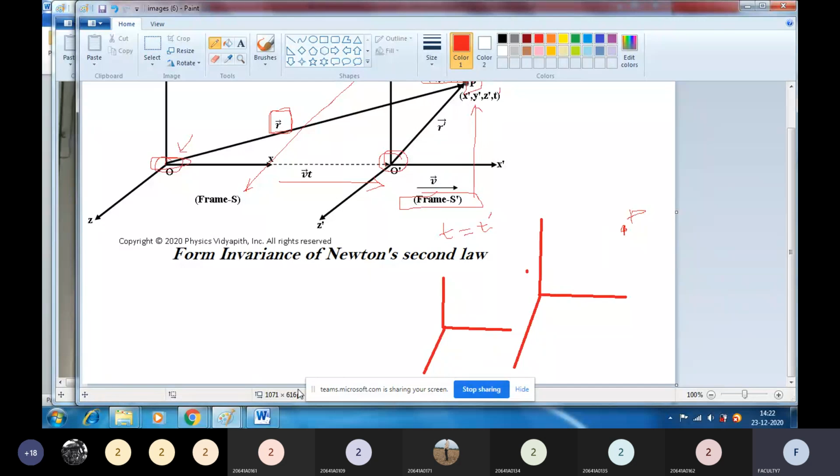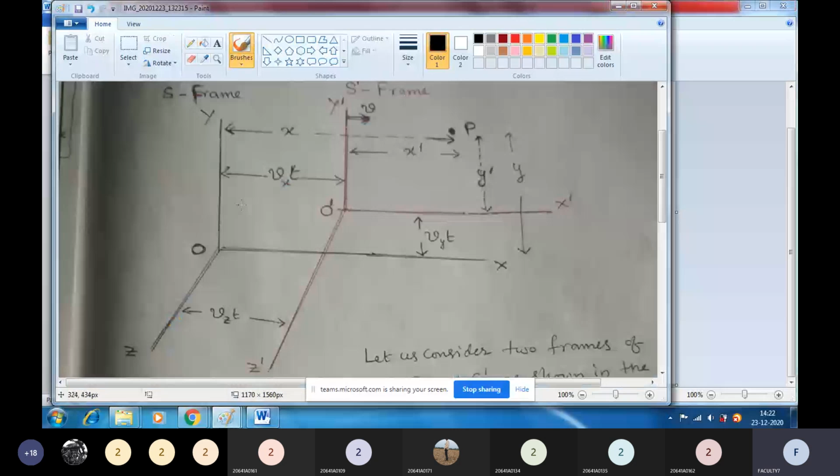That is the thing we are going to draw while explaining the concept. Now let us go with the explanation. We are considering two frames, frame S and S prime.